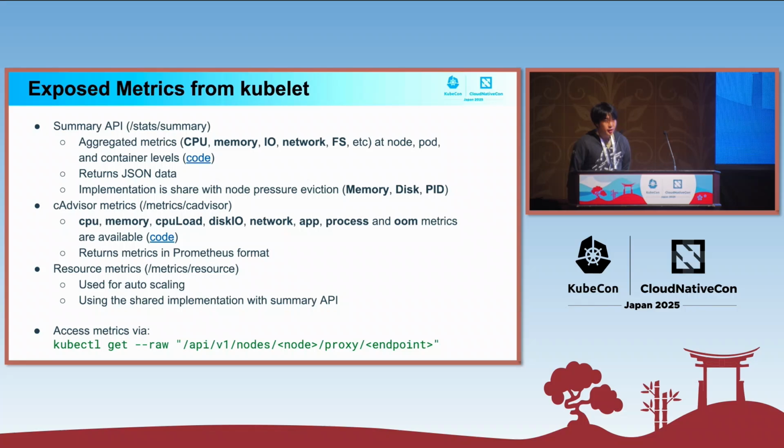These metrics are used for auto-scaling. There are some other metrics endpoints that are not related to pod resource usage. You can access all of these metrics using this command, although it would be more useful to see those metrics via monitoring solutions like Grafana or something like that.